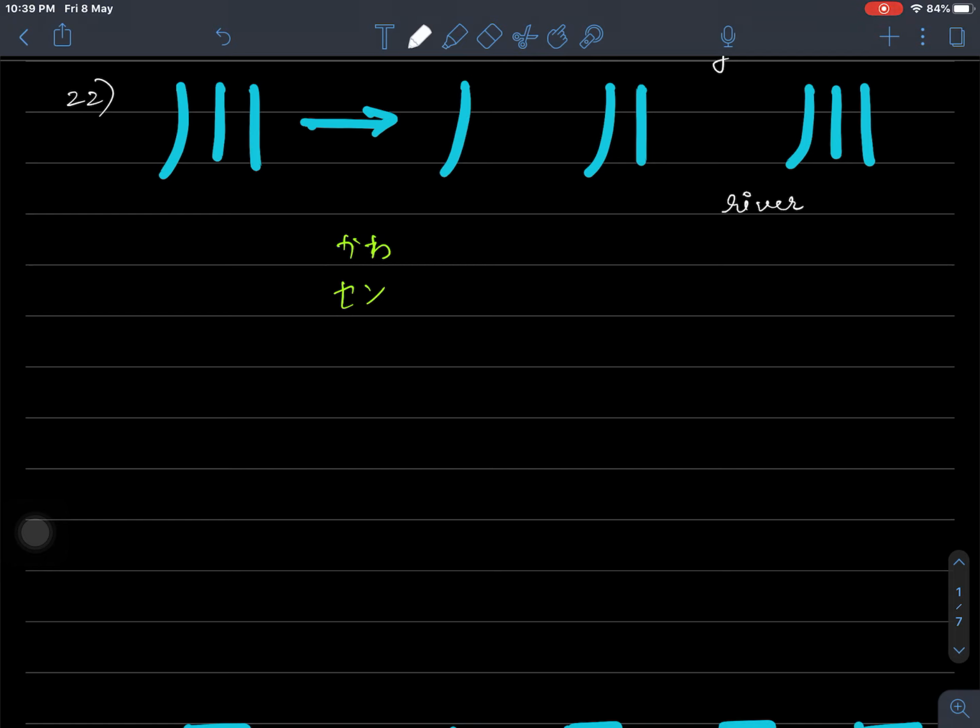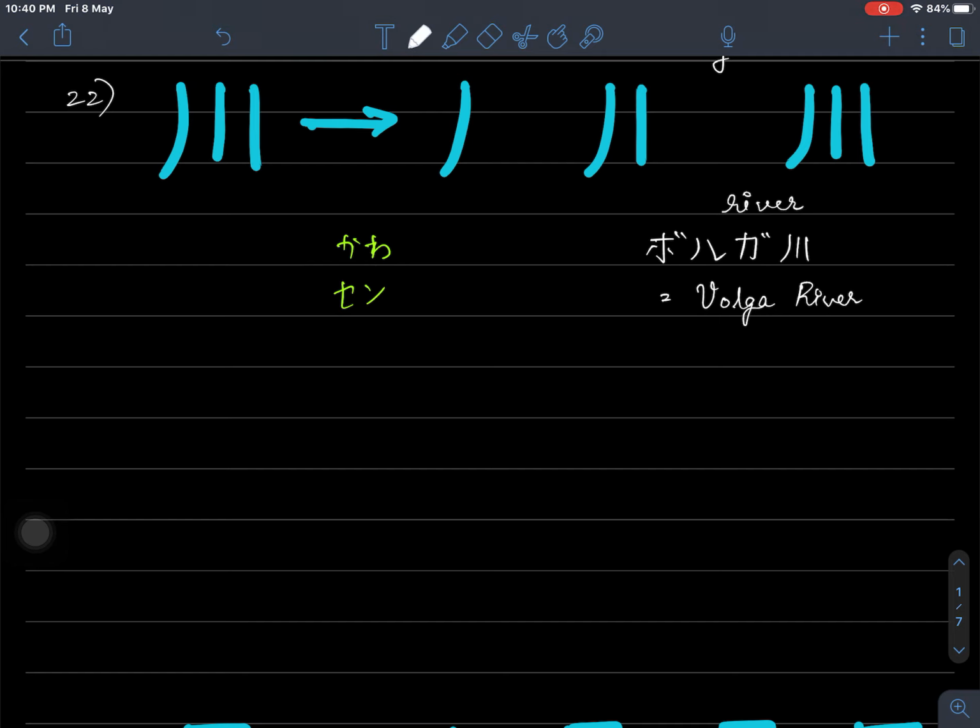Okay. Now let's move on to some words. So for those of you who have been putting in your katakana practice, this of course means the Volga River.